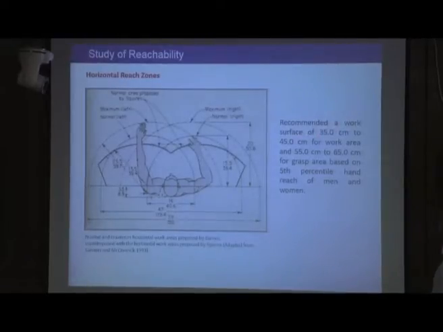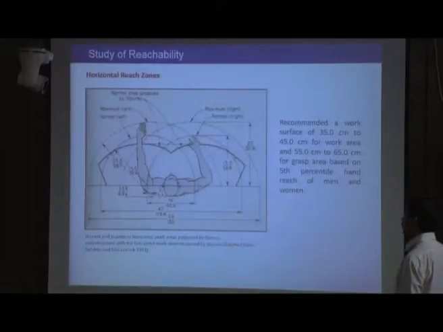Then recommended work surface of 35 centimeter to 45 centimeter for work area and 50 centimeter to 65 centimeter for grasp area based on 5th percentile hand reach of men and women. So this type of information is available, that how much should be the recommended limit for working area, so that person can do their activities comfortably.